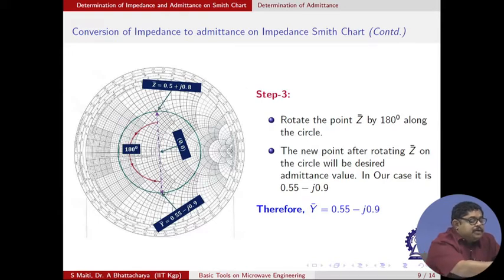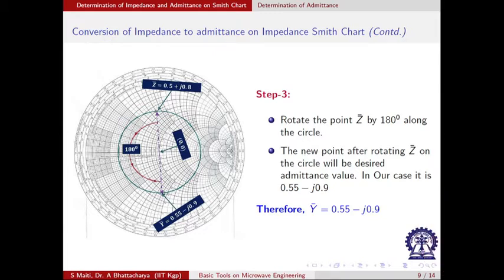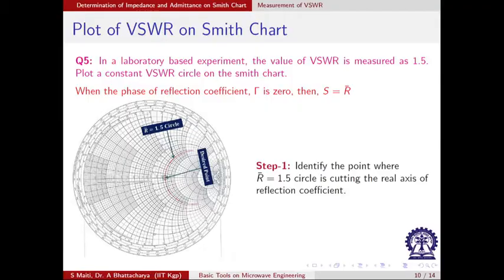Now you can read and you see that you are getting the correct value. So, this shows that whether you use the impedance Smith chart or the admittance Smith chart, you will be able to plot any one correctly. These 4 examples have shown you how to plot any impedance or admittance on whatever Smith chart is available to you.